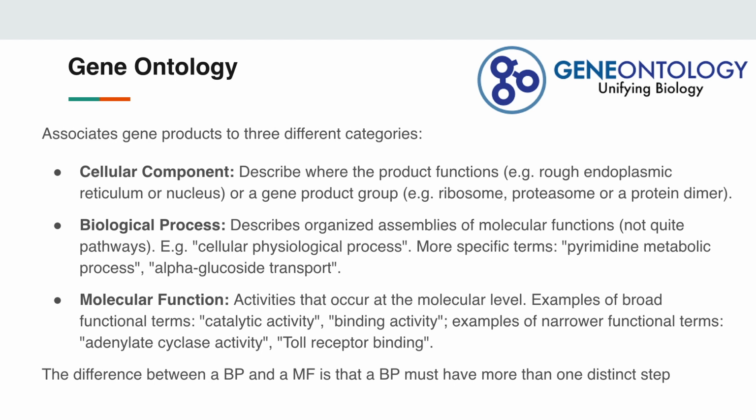And you have a third category that is molecular function, and these include terms that are related to activities at the molecular level. Again, they can be very broad, such as catalytic activity or binding activity, which would include transcription factors as well as RNA binding proteins. Or they can also have narrower terms, including toll receptor binding, for example, which would be relevant for the example I gave you of the LPS stimulation experiment.